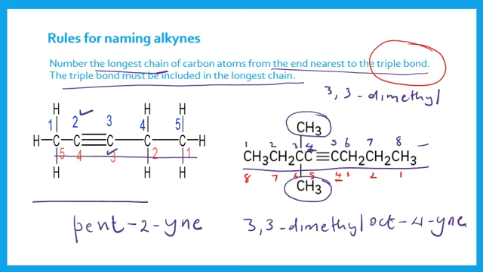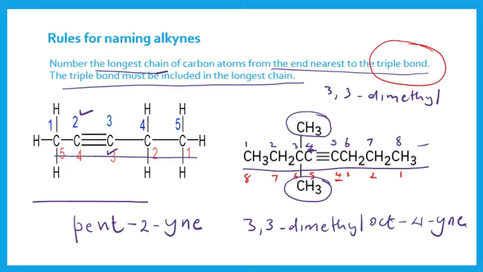So we're going to go ahead and say this is but-1-yne. Now the number which indicates the position of the triple bond is important now, because this triple bond could be on carbon number 2. So now we just need to tell people where it is on the carbon chain.